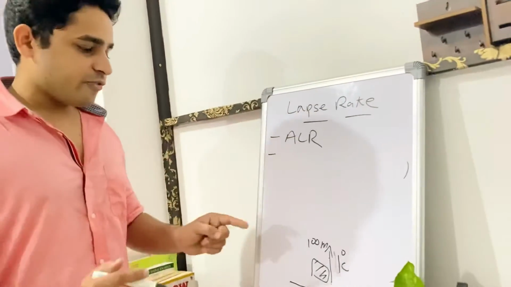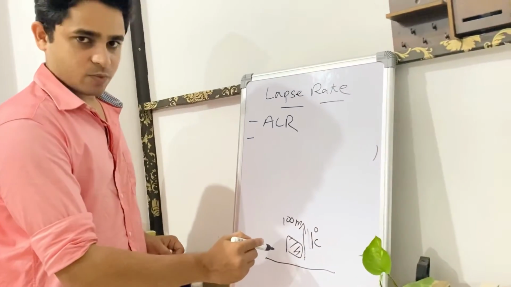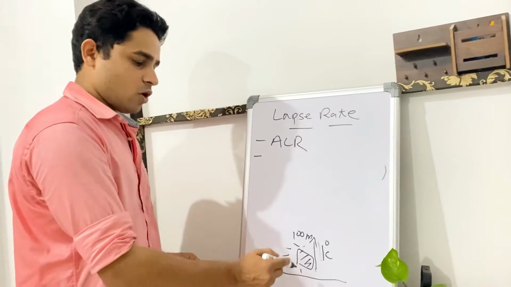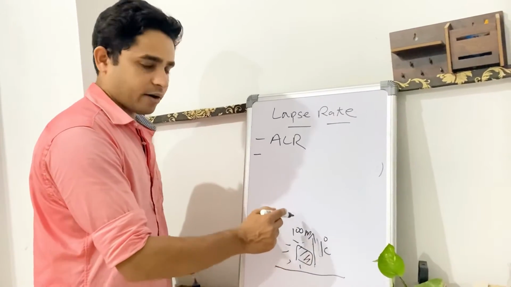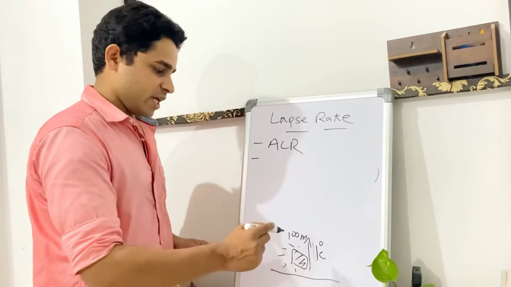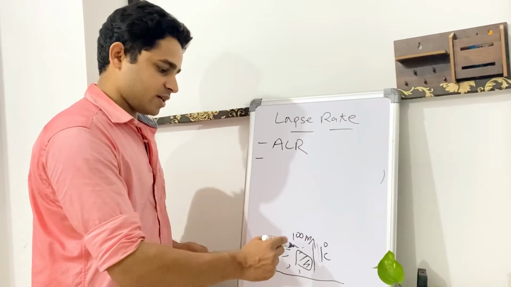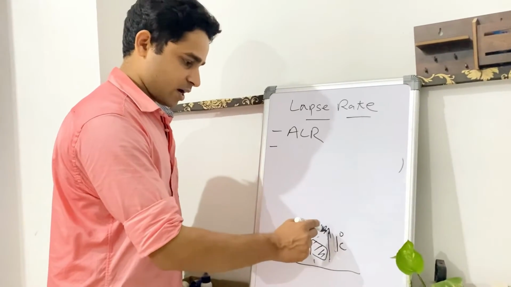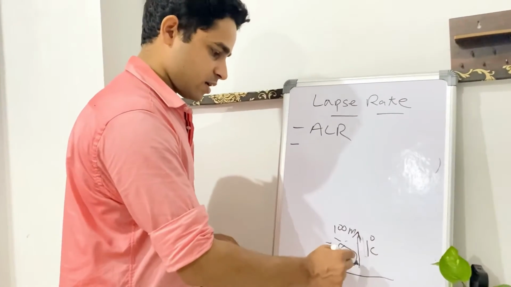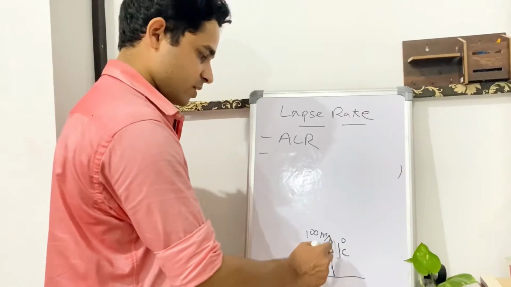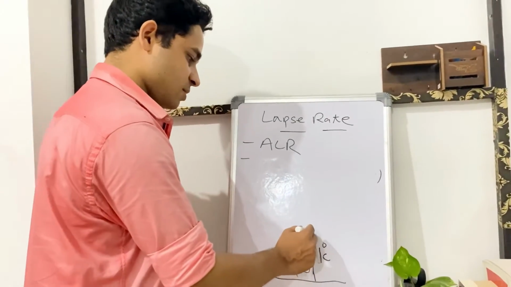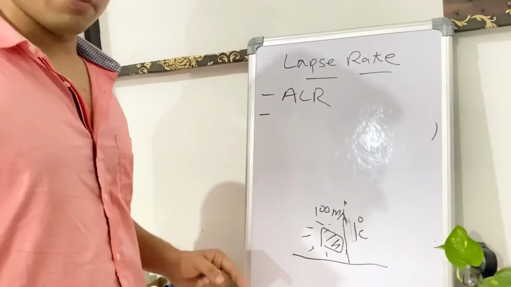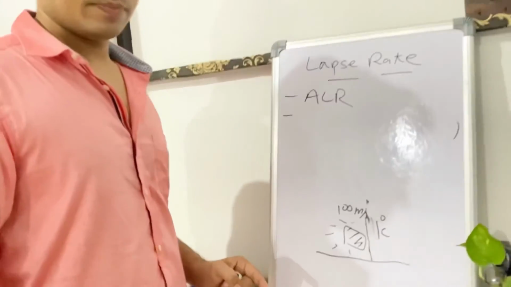So if an air parcel, with respect to its surroundings, goes up by a distance of 100 meters, and the temperature decrease at that point, 100 meters above the surface level, is about 1 degree Celsius, then it is called adiabatic lapse rate.